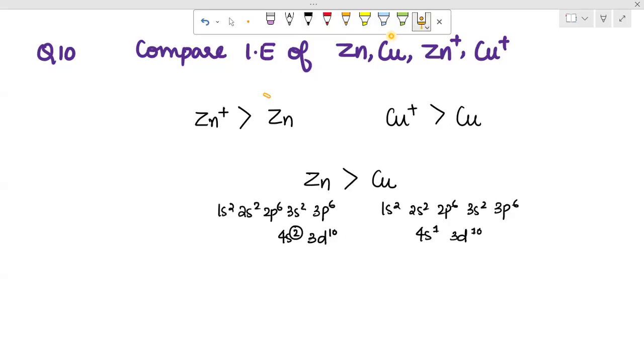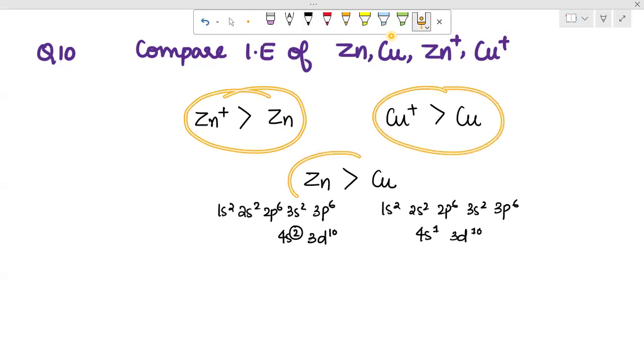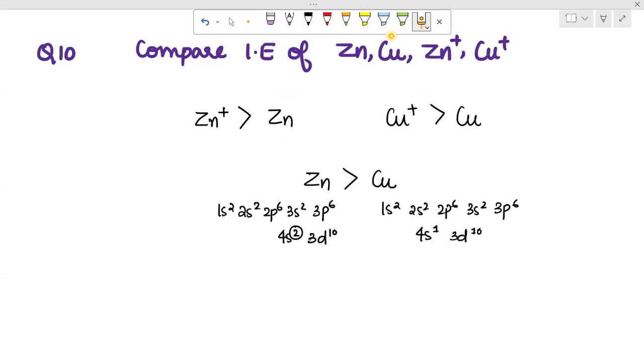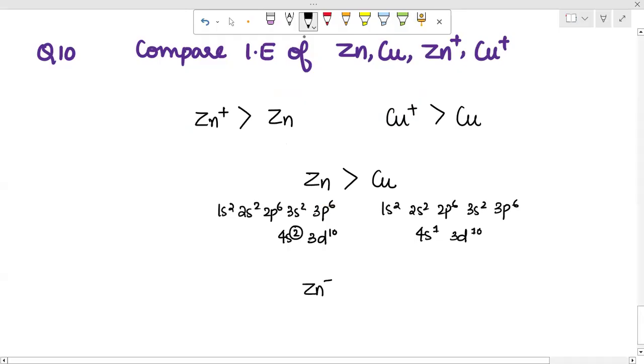So now we know that Zn plus is greater than zinc, Cu plus is greater than Cu, and Zn is greater than Cu. Now the next challenge is between Zn plus and Cu plus. For Zn plus, the electron will go from 4s because the Z effective of 4s is the least. We have already done that from Slater's rule.